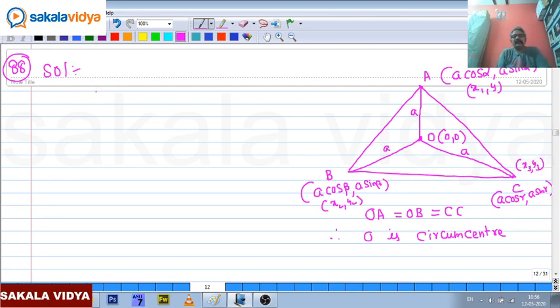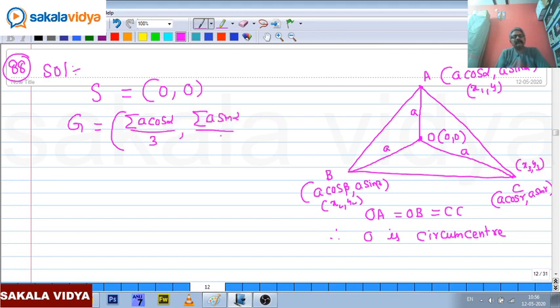First here see, circumcenter S is equal to 0 comma 0, generally denoted by S. Now centroid find out, G. G is equal to a cos alpha plus a cos beta plus a cos gamma. That we can write sigma a cos alpha by 3, comma, this is sigma a sin alpha by 3.